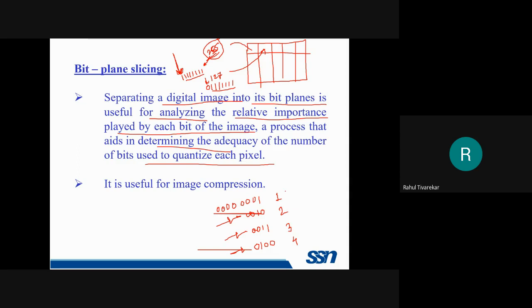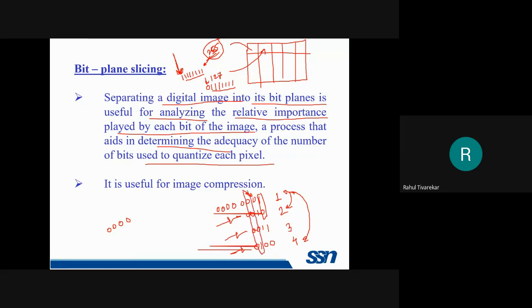So if I compare some lower intensity value with some higher intensity value, what do I see? Even if I ignore the LSB, there is a difference in the MSB. Or let's say compare 1 and 4. Where is the difference?